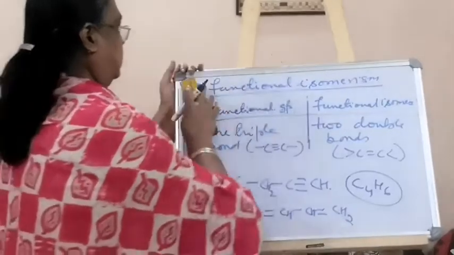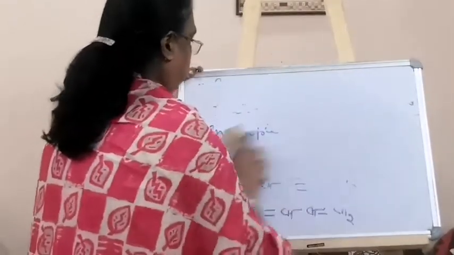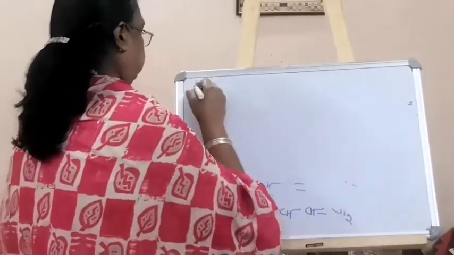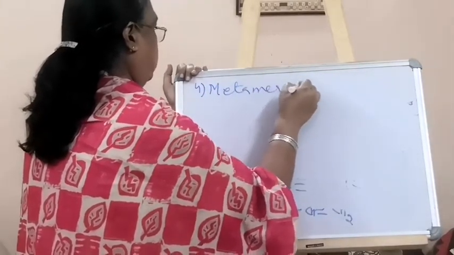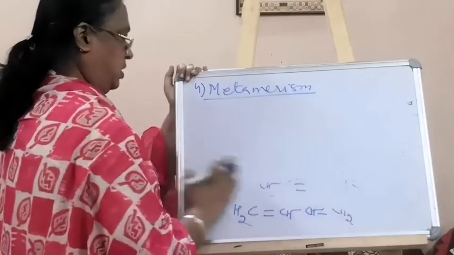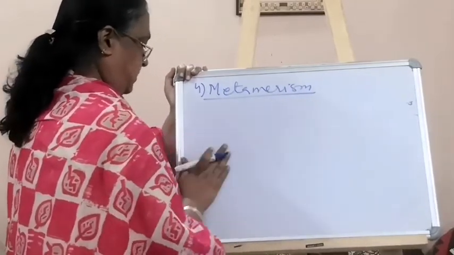Now the 4th kind is metamerism. Metamerism is a special kind of functional isomerism.